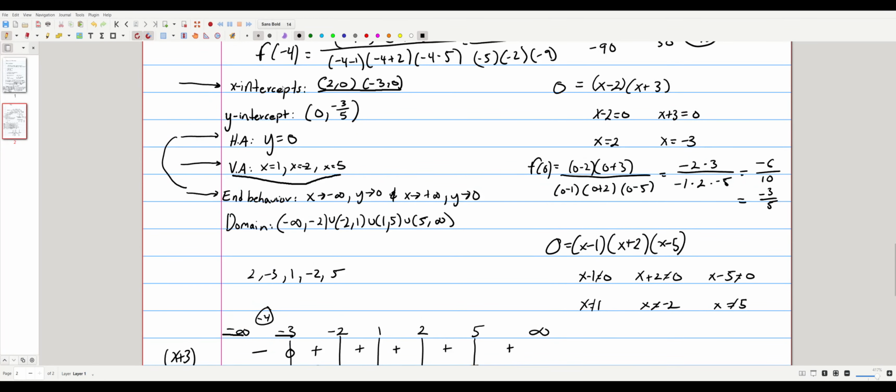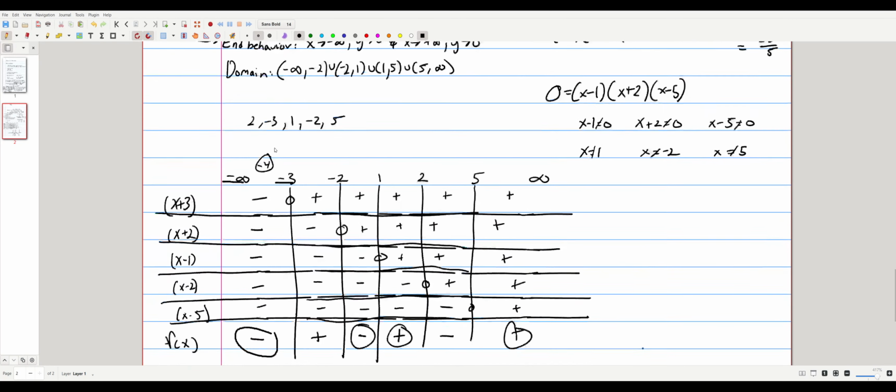So we needed to find the x-intercepts, the y-intercepts, the horizontal asymptotes, if they're applicable, the vertical asymptotes, and then the end behavior is given to us by the horizontal asymptote. If we weren't in this case, and we were in the case where the degree of the top polynomial is larger than the degree of the bottom polynomial, then we would need to do long division to figure out what the end behavior was and figure out where our arrows are going to end up.